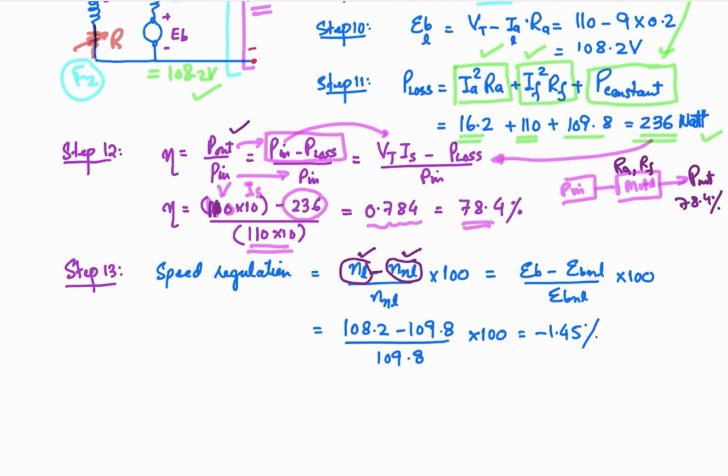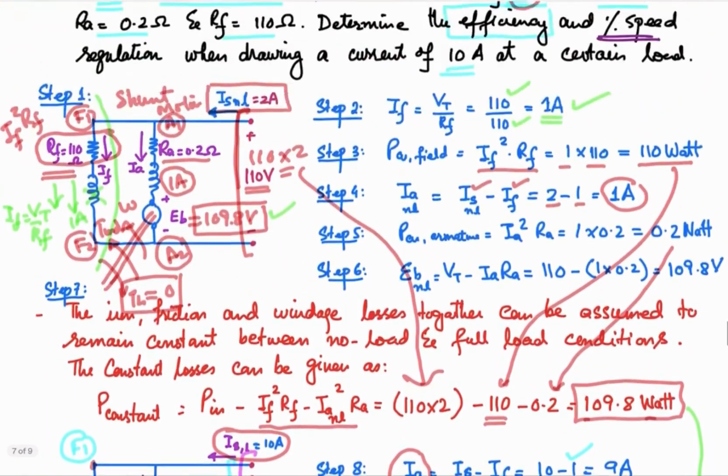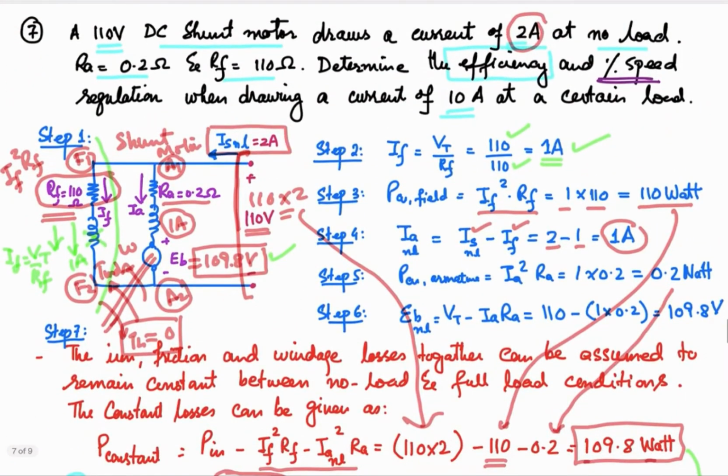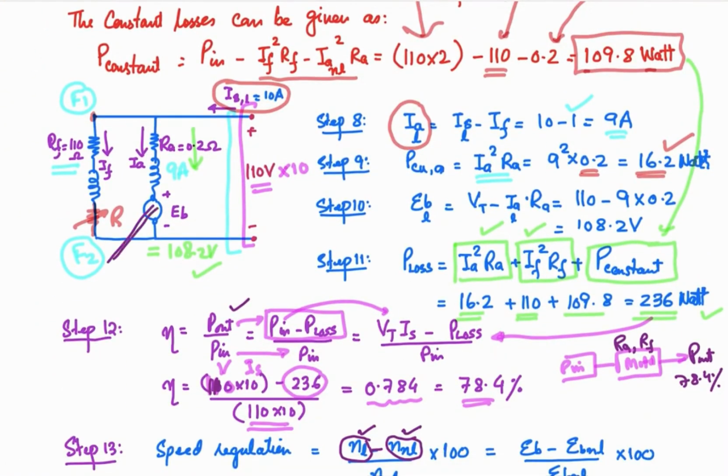Of course, speed information is required for that one, but that is not given to us in this example. So we will be taking another way to find out this speed regulation.